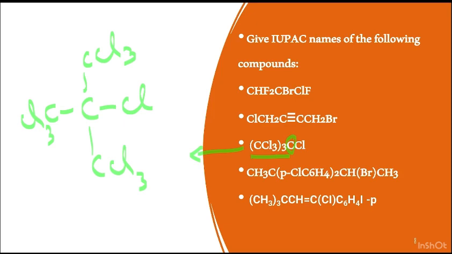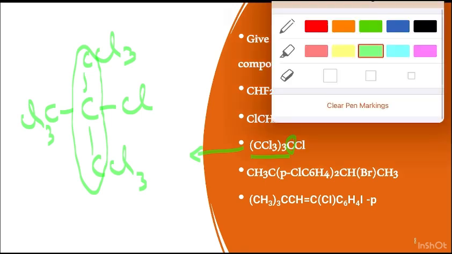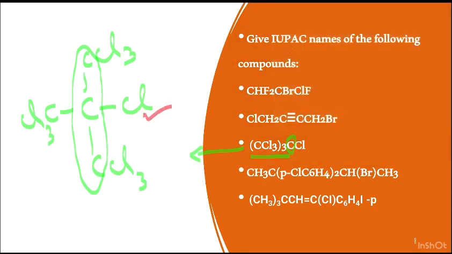Okay, so here the longest carbon chain is 3 carbons. This is propane clearly, and propane has 3 chlorines here, 3 here, and this is a trichloromethyl substituent. So now it is easy to name it. 1, 2, 3, come from any side, it's going to be 1, 2, 3 like this.